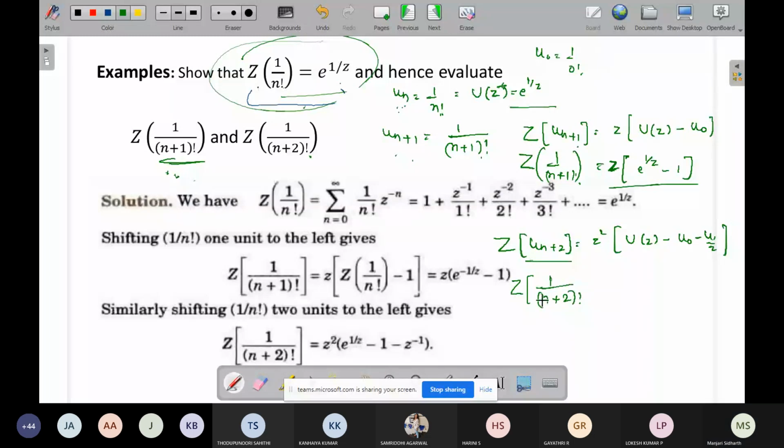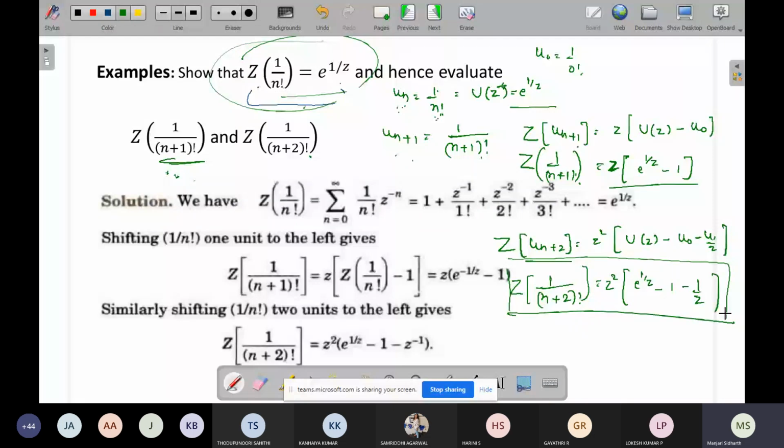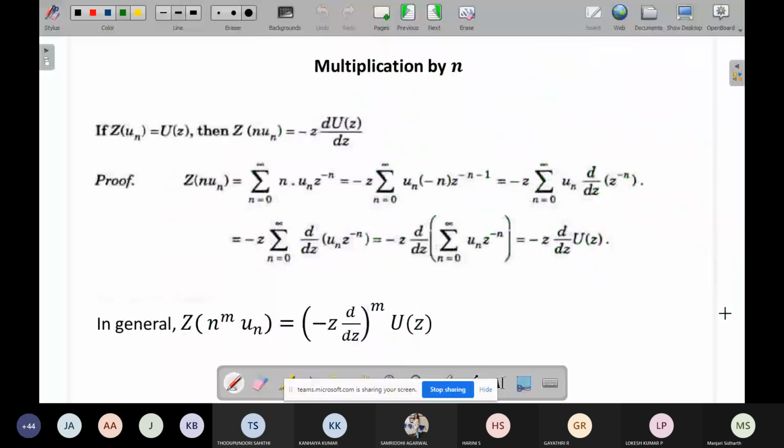Z square, Uz is e power 1 by z, u naught is 1 and u1: putting n as 1, 1 factorial over 1. So this is your value. Okay, so it's very simple to prove. Now multiplication by n, very important.